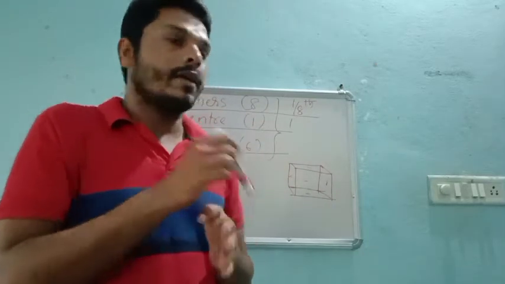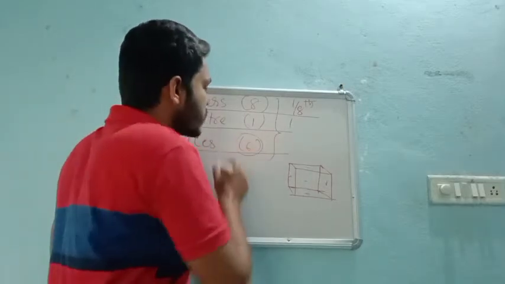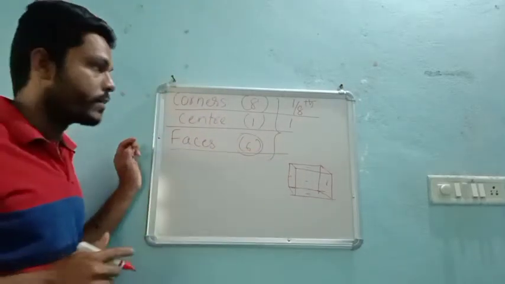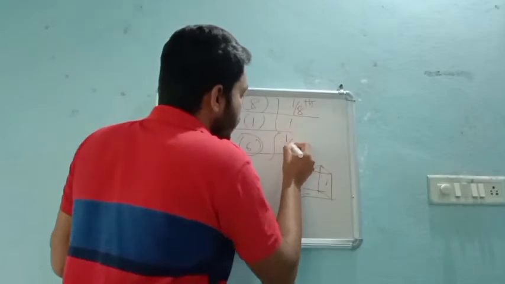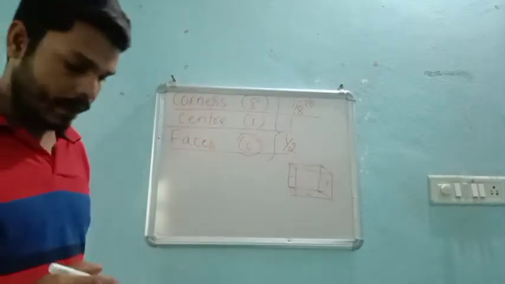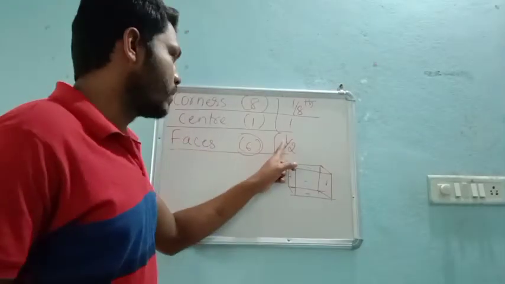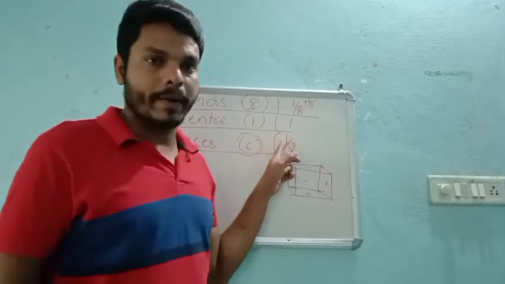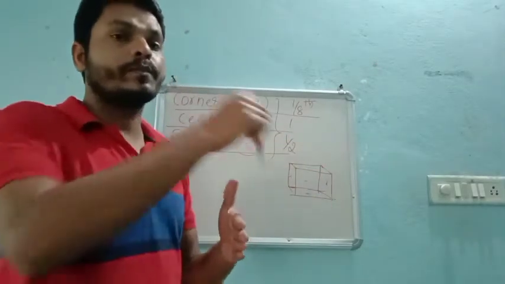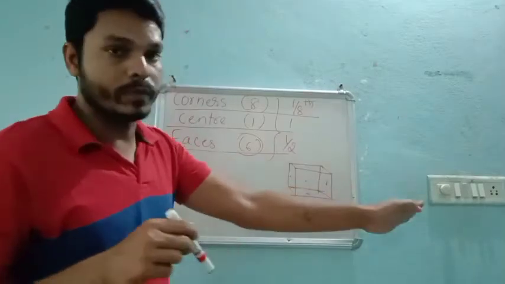So likewise, the constituent particles present at the face, their contribution will always be 1 by 2, right? That means one face constituent particle can contribute to two cells. Why? Because one face is dividing two rooms, right?